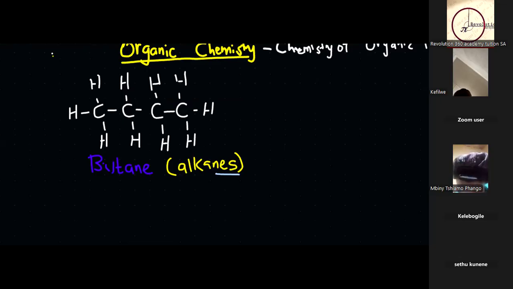If you watch that video, you'll understand that we also have isomers. I explained what isomers are. A definition of an isomer: these are compounds with the same molecular formula but different structural formulas. We call it an isomer.